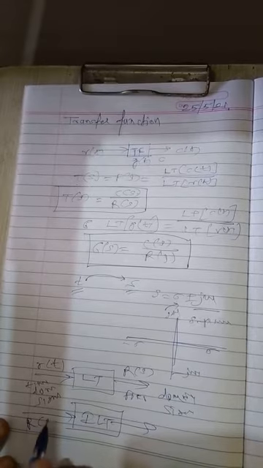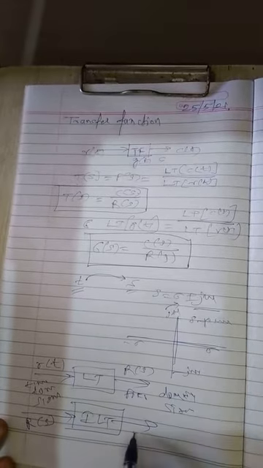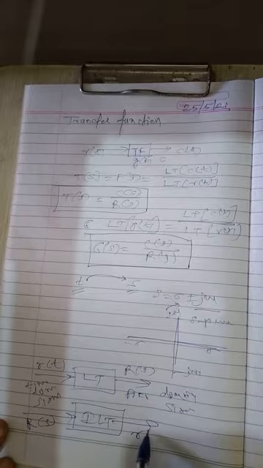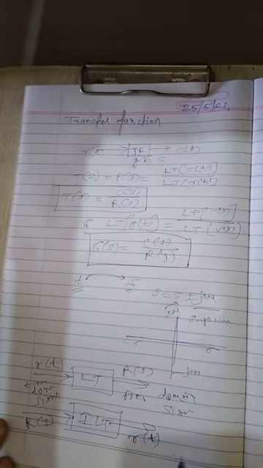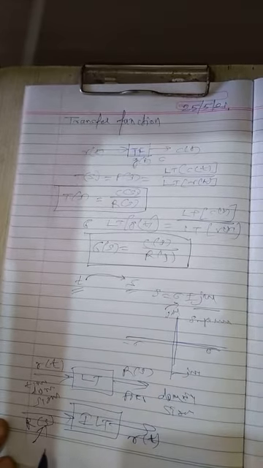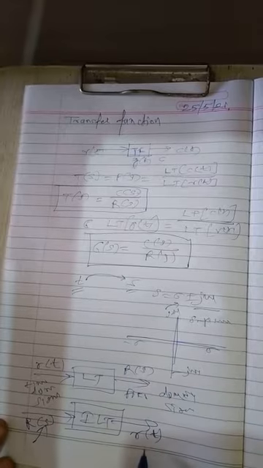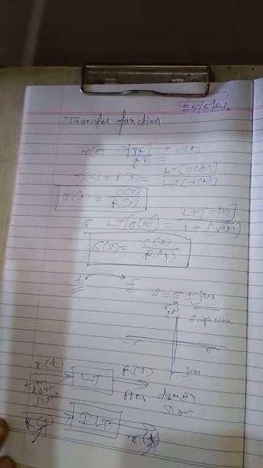This is called the Laplace transform. And the inverse Laplace transform is also a mathematical tool which converts the frequency domain signal R(s) into the time domain signal r(t). So here s is called the frequency domain index and t is called the time domain index.